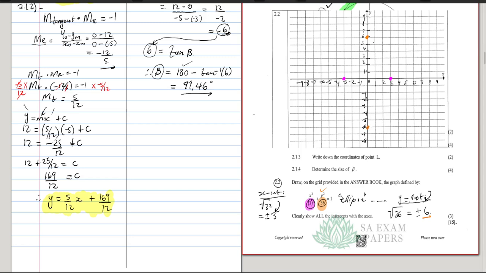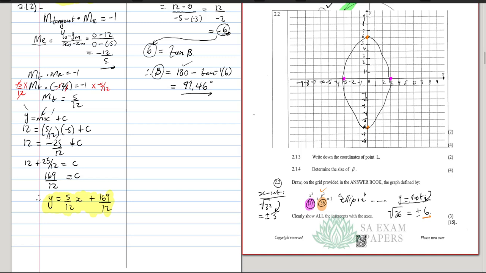And then we connect everything. You don't connect by lines. You connect using curves like this. Not as perfect, but yeah, it sends a good message.